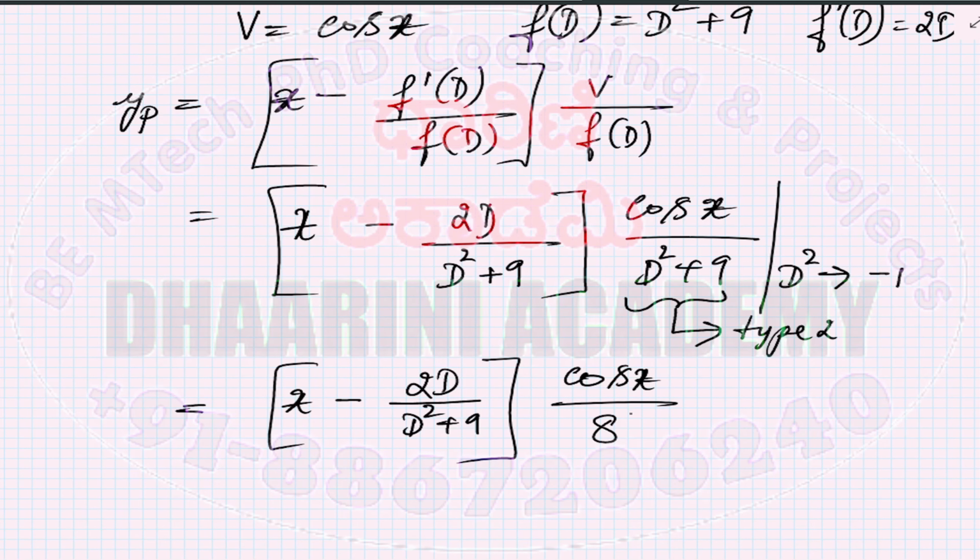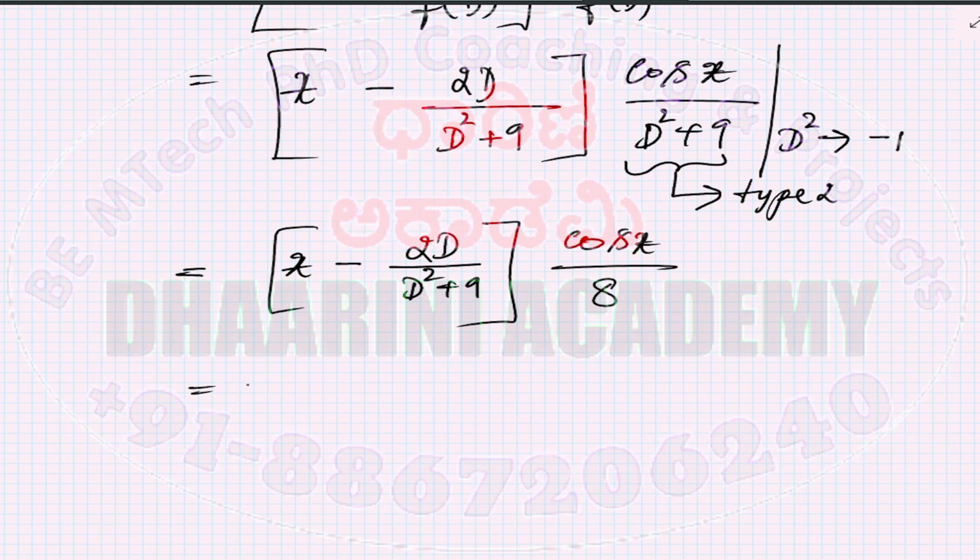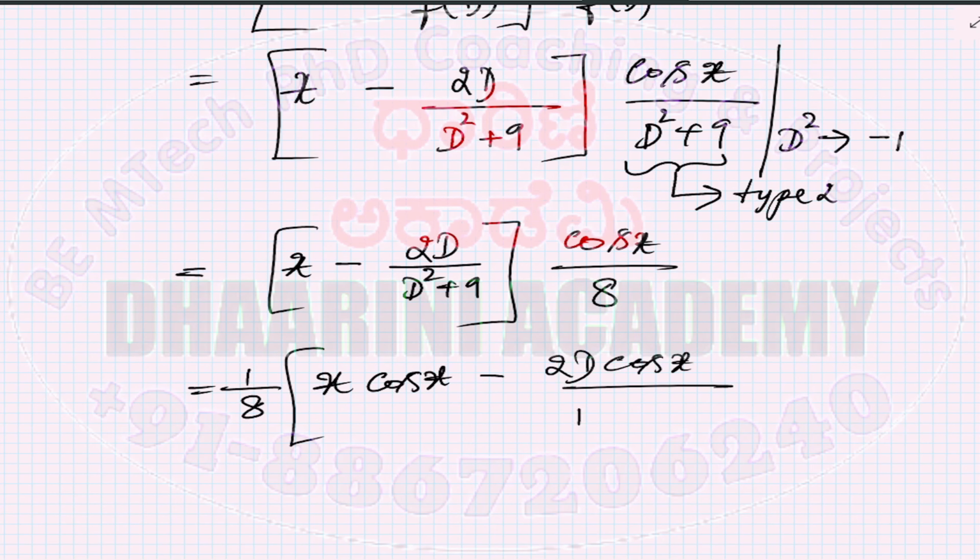Now this term should be multiplied to the terms inside the bracket. So I'll take the 1 by 8 outside. So this becomes x cos x minus 2 times differentiation of cos x by D square plus 9.